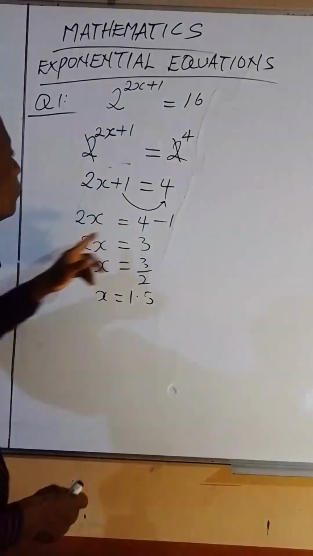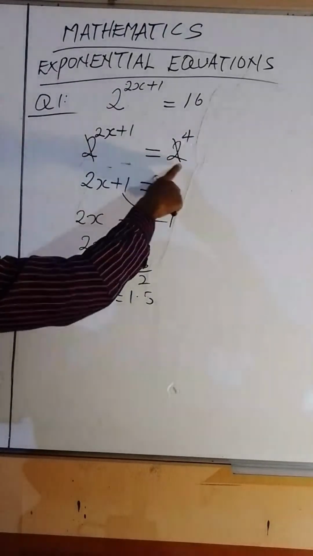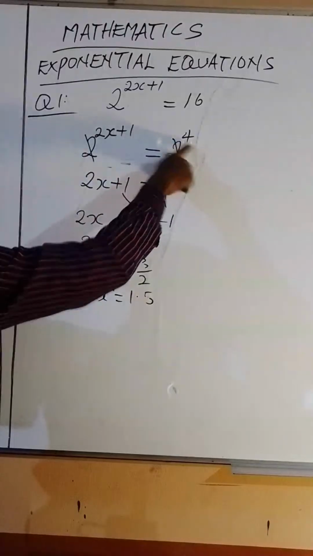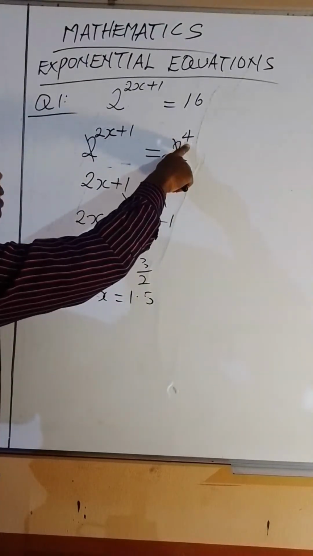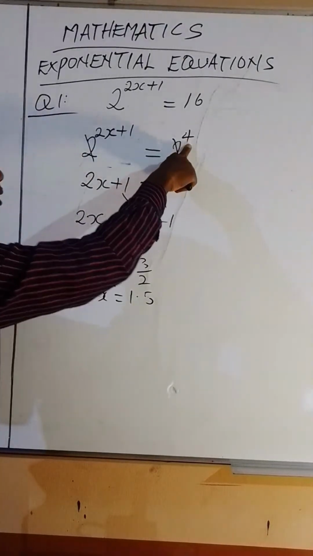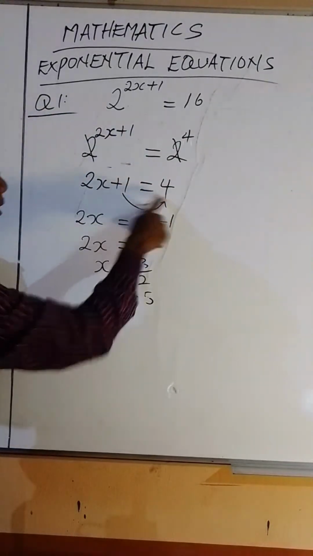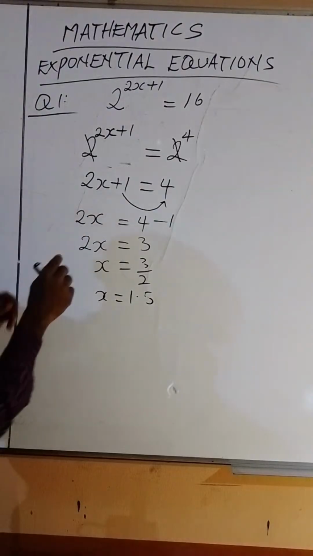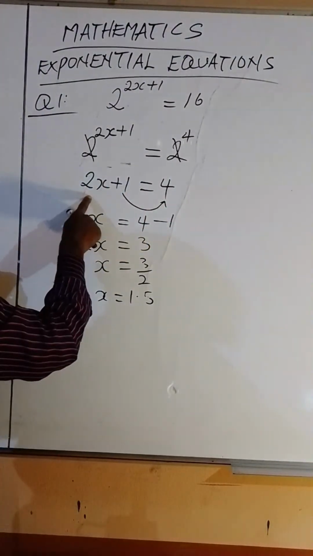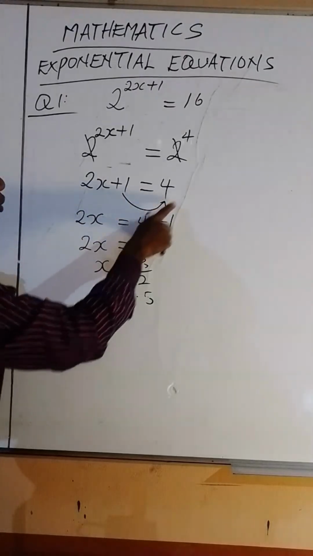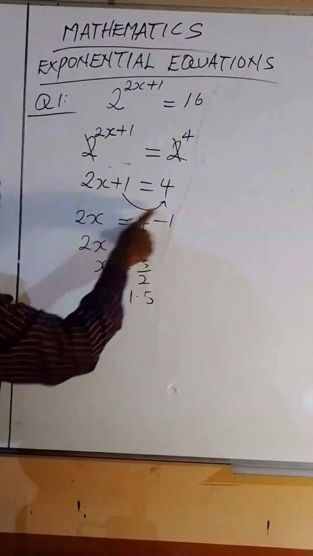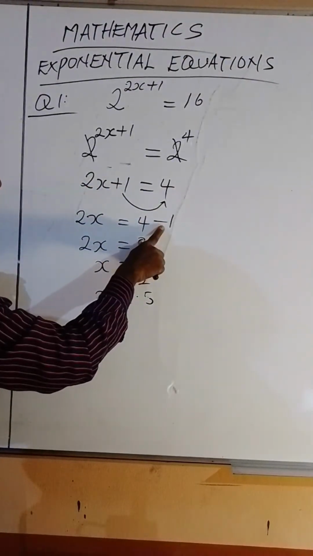So since we have achieved that, we can let this go since they are equal. Then we equate the exponents. If we equate the exponents, we'll have 2x plus 1 equals 4. Then we are to transfer plus 1 to the right-hand side, and it becomes minus 1 here.